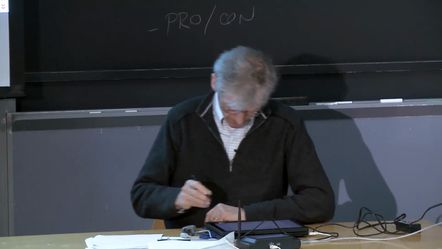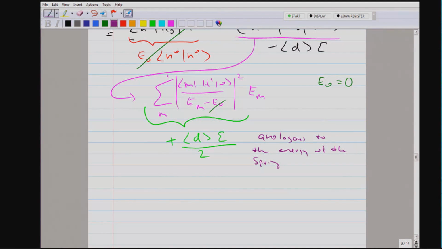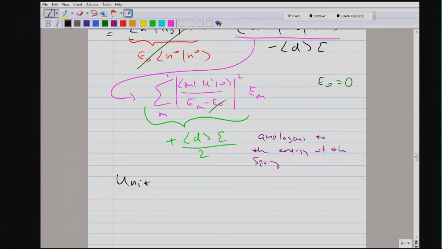Well, then we've talked about alpha, the key or the only parameter which comes out of this treatment. And now we want to discuss how big is alpha, or first, what are the units of alpha?